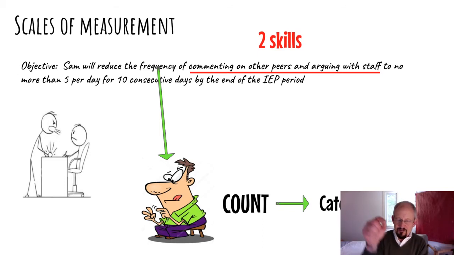For example, if I enter into my spreadsheet or into my database that today Sam, in combination, had 23 comments on other peers and arguing with staff, and I don't differentiate between those, it may be that he had 22 of commenting on peers and 1 arguing with staff, and I can't tell the difference because they've been merged. So well-written objectives that can be assessed with evidence should have 1 skill per objective.